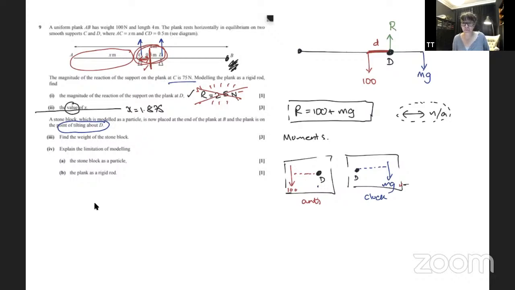The other option, 4 minus x, gets you this distance. Yeah, okay. So what would happen if we did 4 minus x and then a half minus that? I'm not sure that works.